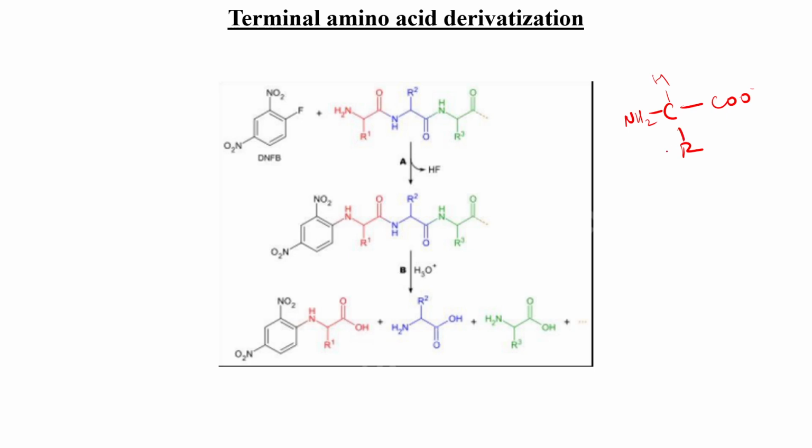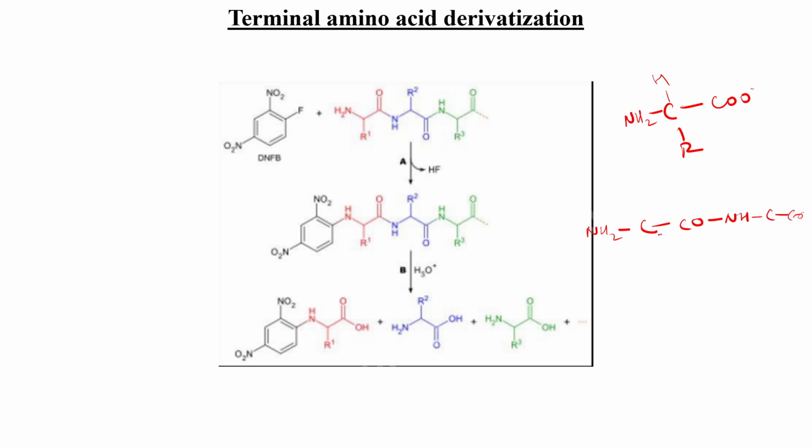So when the peptide chain is formed, when the proteins are formed, basically one amino acid is attached to another amino acid by a peptide bond. So you will have CONH and then again the carbon of the second amino acid, again CONH, and so on.